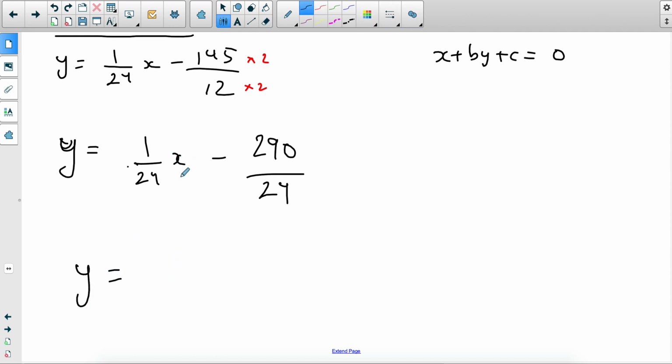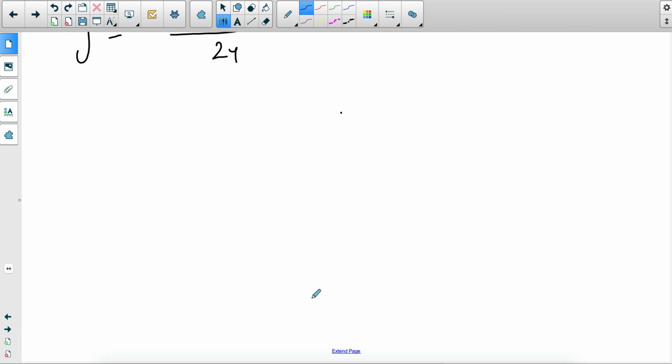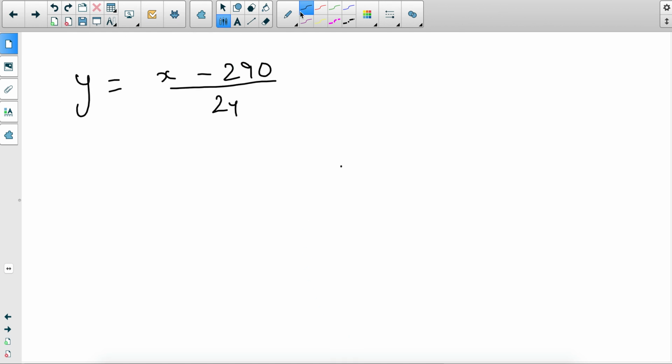So I have x minus 290 over 24. Well, this is nice because now I can actually cross multiply. So I can cross multiply, and you get 24 times y is equal to x minus 290. Well, now it's good because I don't have a fraction, and the coefficient of x is 1.